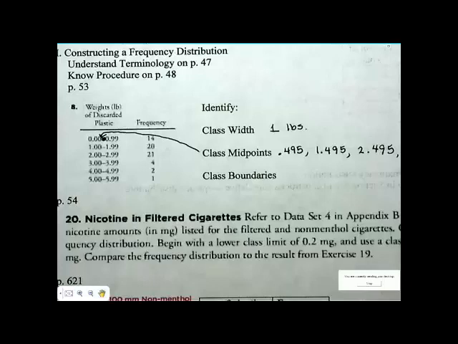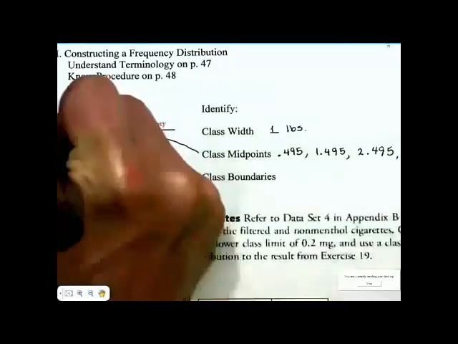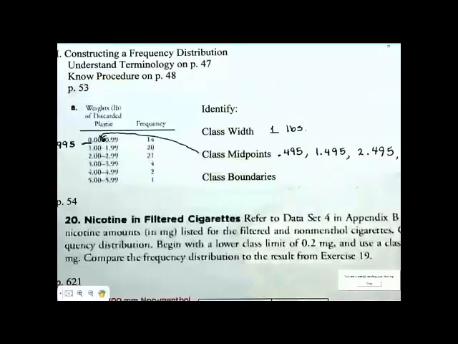That's how you find the average of any two numbers. 0.99 plus 1 is 1.99. You can think of this as 99 cents and $1. What would be halfway between 99 cents and $1? Well, yeah, 99.5 cents written as a decimal would be 0.995. So that's one of the boundaries right here. 0.995 separates those first two classes.